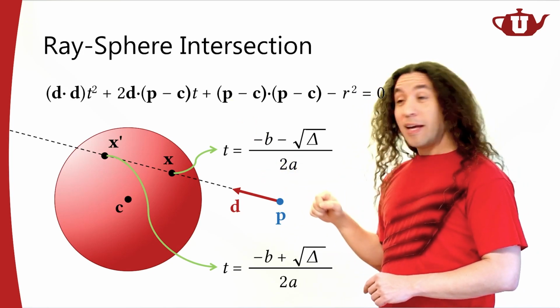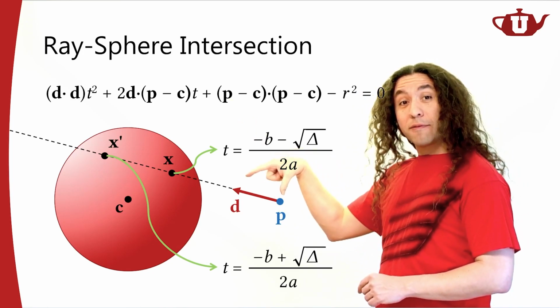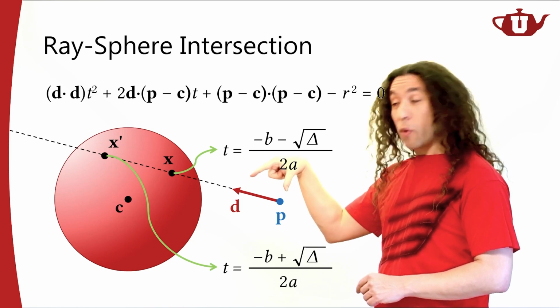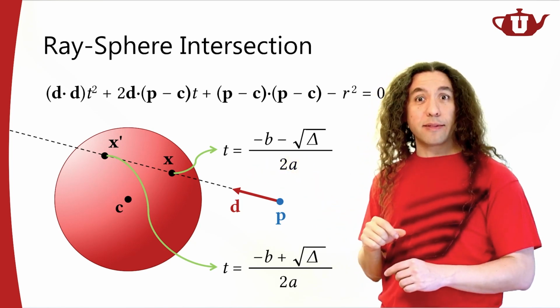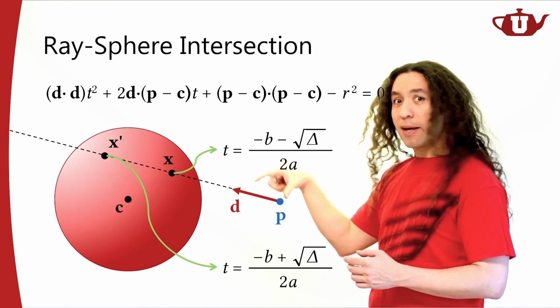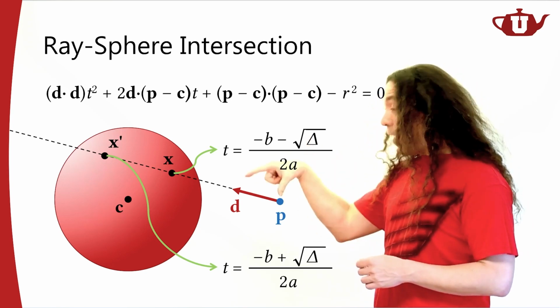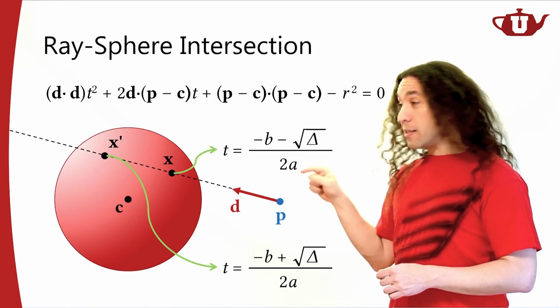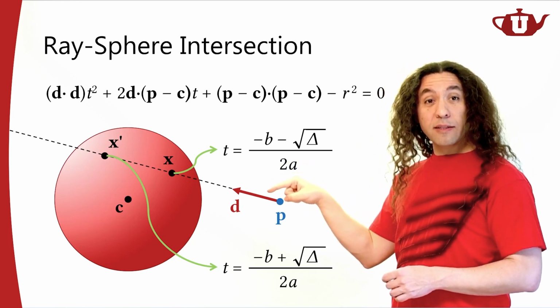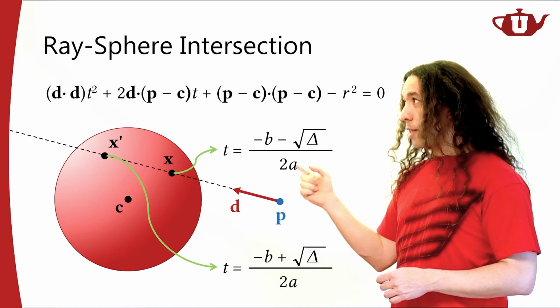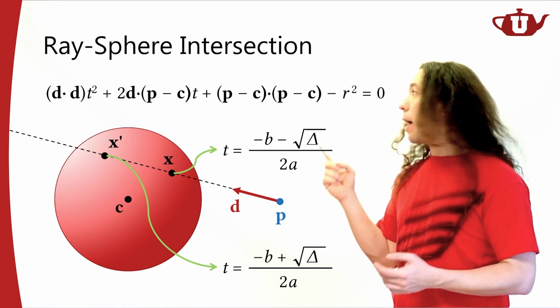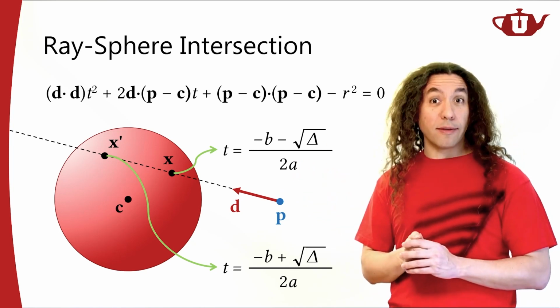That means it's the length of d squared, the square of the length of d. Well, the length of d is obviously positive. Square of its length, well, square of any number is positive. So that's definitely positive. In fact, in most cases, this d is going to be a unit vector. And if it's a unit vector, its length is 1. So square of its length is 1. So a is, in most cases, going to be 1.